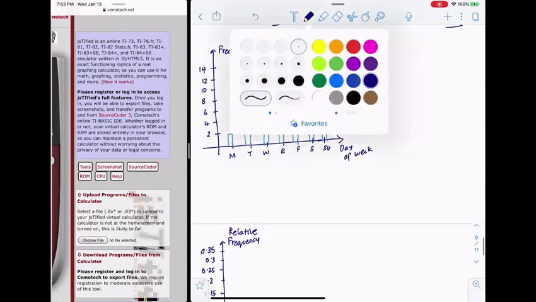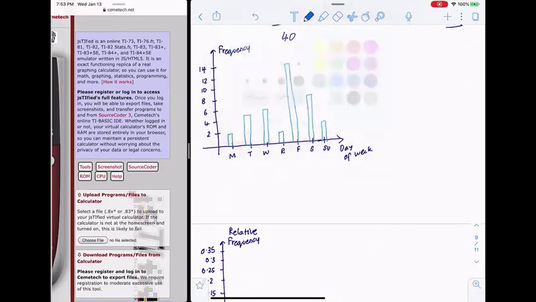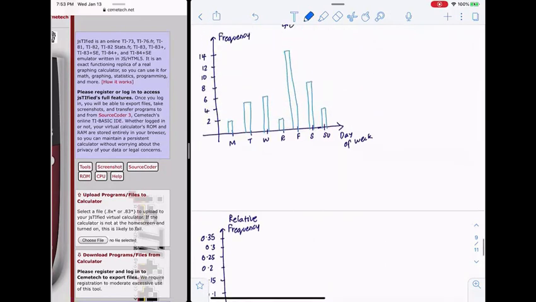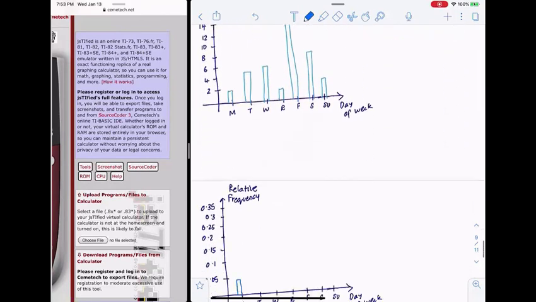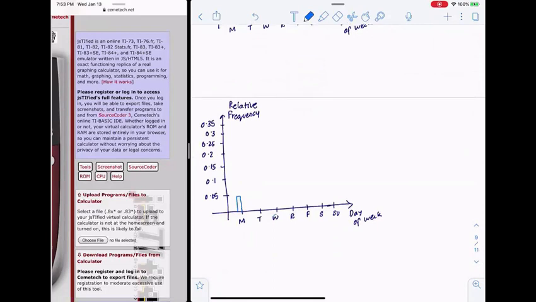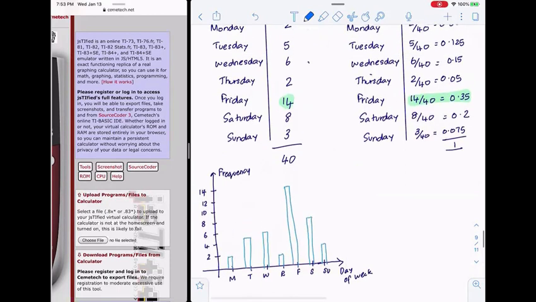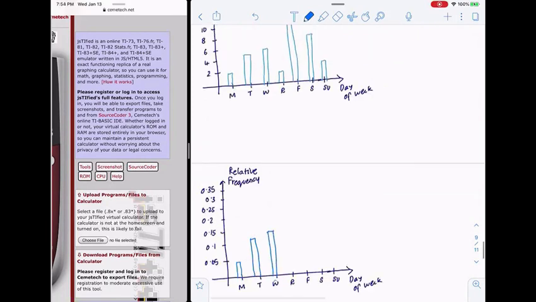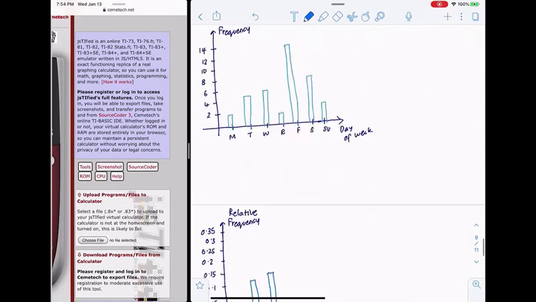So Monday, the percent is 5%. Tuesday, 12.5%. Wednesday, 15%. Thursday, 5%.